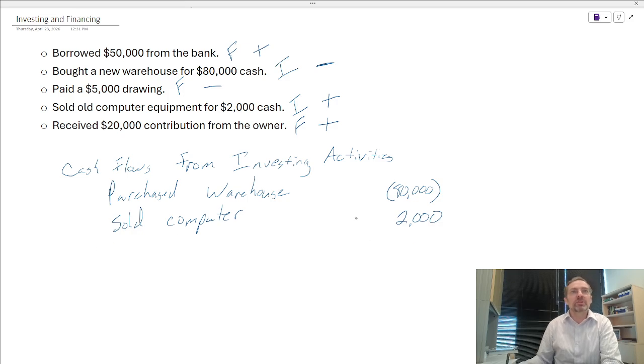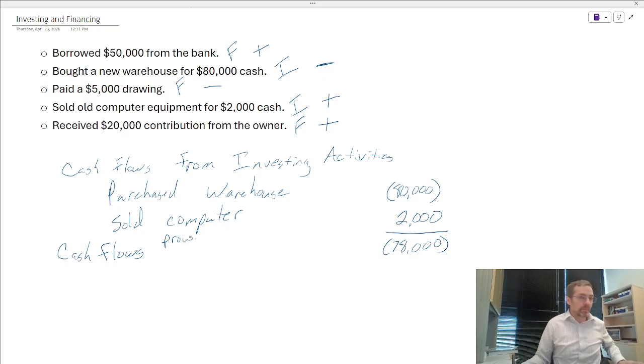All right, so we have our two investing activities here, and that comes out to a negative $78,000 in cash flows from investing activities. So our subtotal is going to have a title such as cash flows, and it's either provided by or used by. It could be provided from.